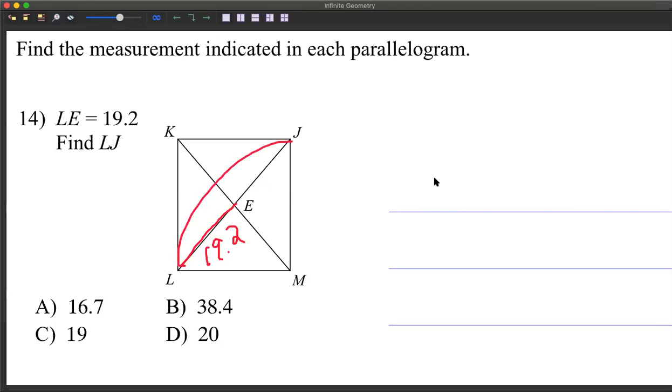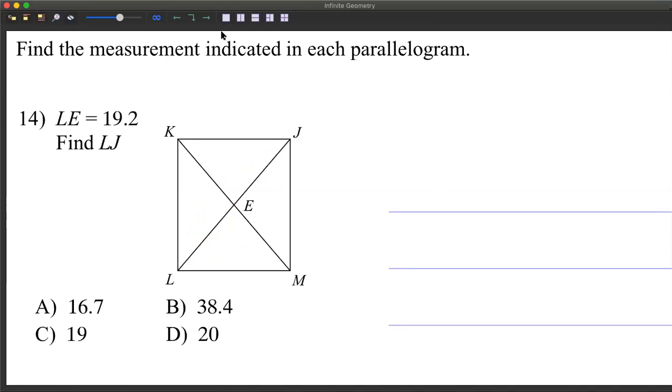So what's my answer? Yes, it is B, 38.4, because in this case, I'd have to double it if I wanted the whole thing. So just be very mindful of what part they're asking for and what part they gave you. But as long as you know that these two pieces will be the same and these two pieces will be the same, you should be golden on these.